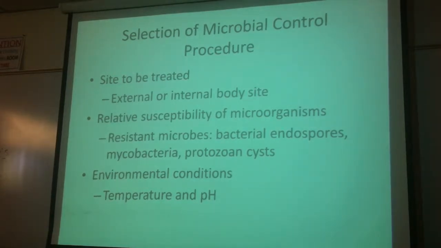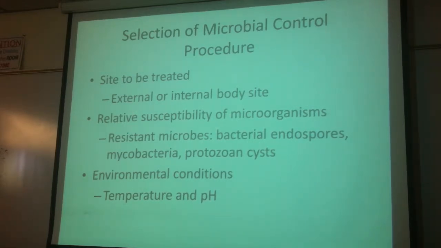If we're going to figure out how to kill or treat some kind of microbe, we have to figure out where we are doing this. You can use harsher things on your skin than when you put it inside. You don't really want to kill everything inside of you. You have a nice thick skin layer that helps protect us. So, are we treating something internally or externally?